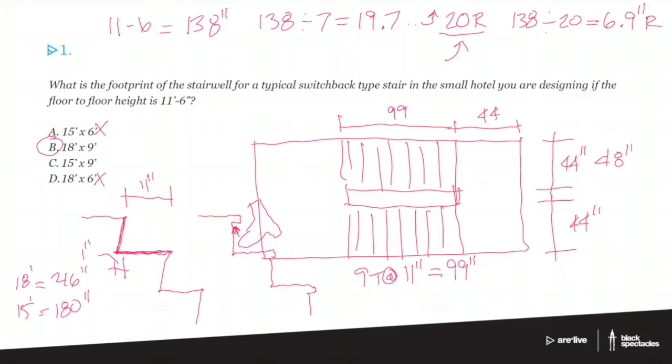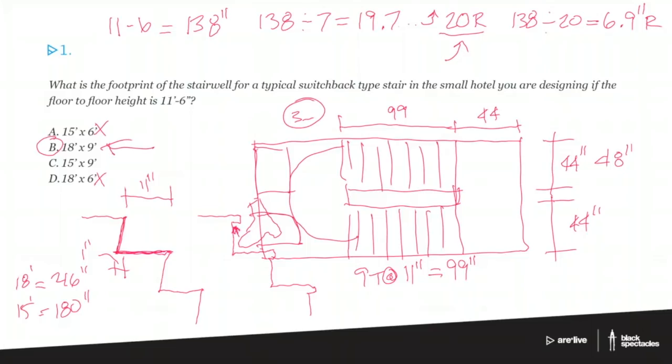If we start adding those things up, for 15, if we subtract 180 minus 99 minus 44, we're only going to end up with about 30-some inches for this entire landing, where our door needs to be, where the travel path needs to be, where potentially you might have some other requirements of areas of refuge and things like that. And that's just not enough dimension left. So the 15 foot can't be right. It must be the 18 foot.